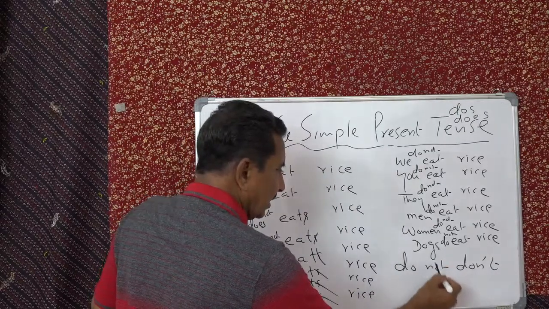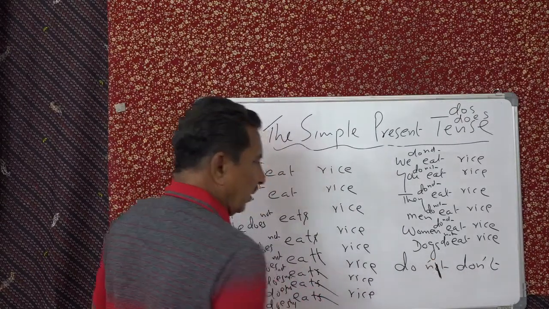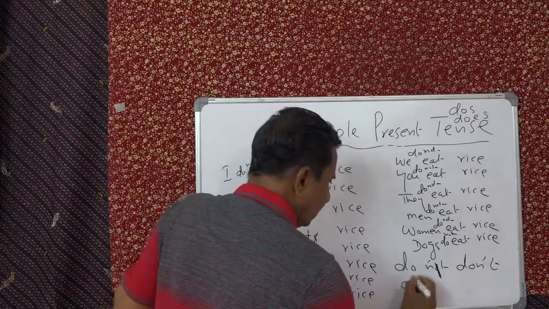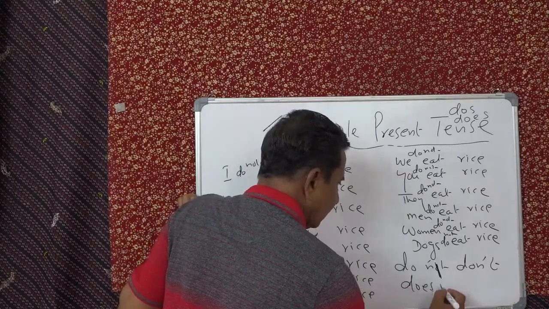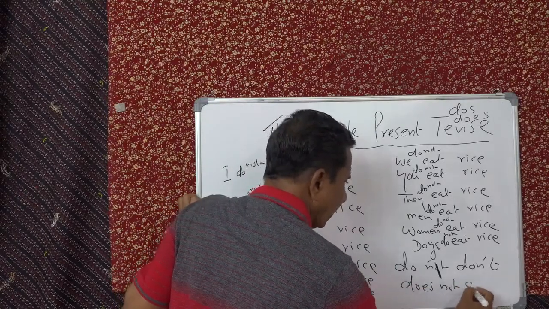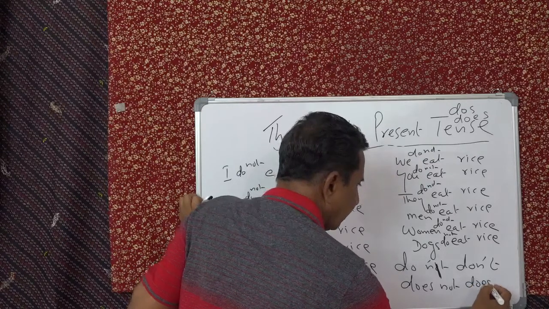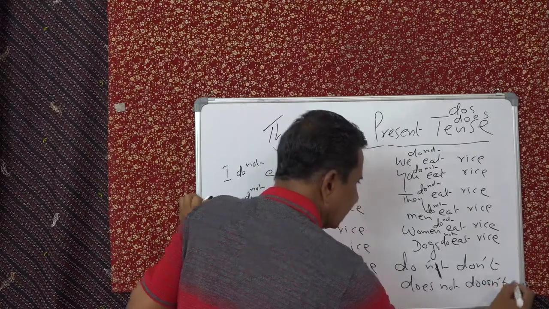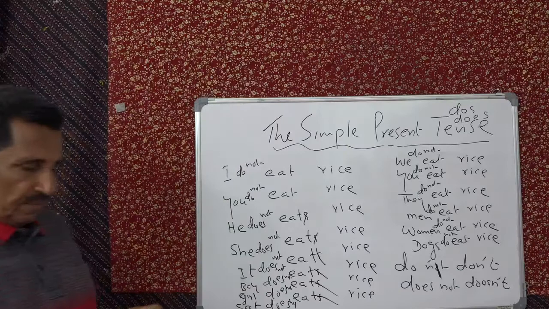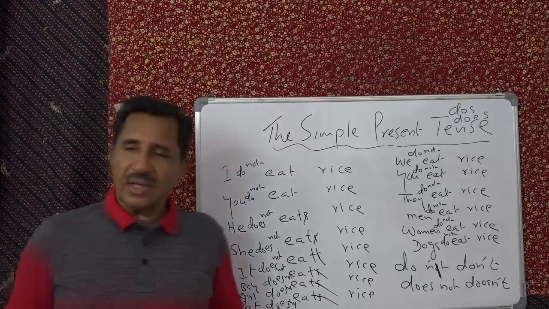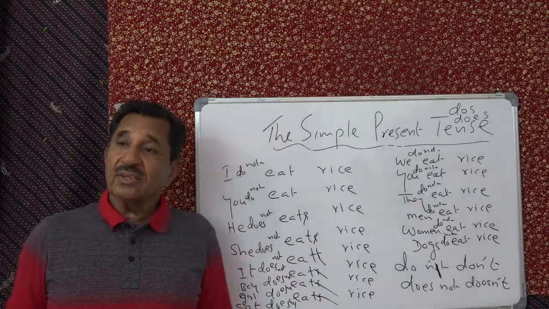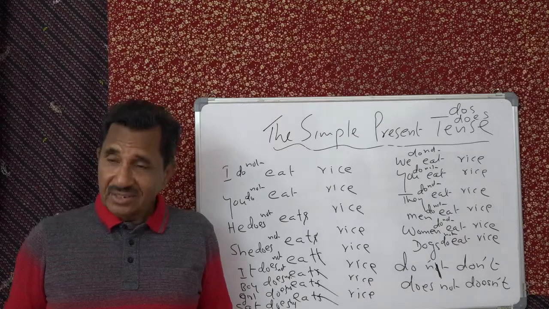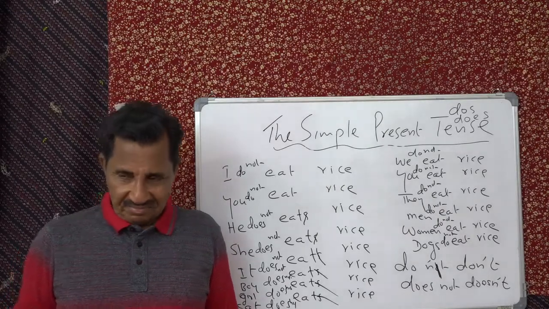This is taken, removed and put an apostrophe there. Instead of does not, you can write doesn't. So the short form of the negative of the simple present is don't, doesn't.